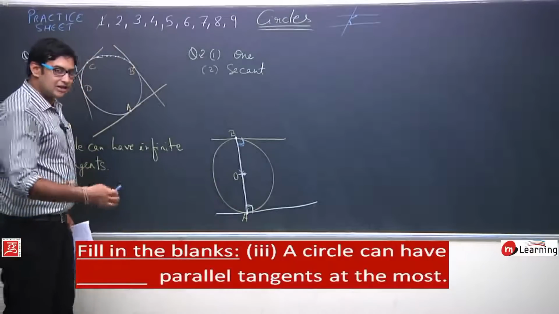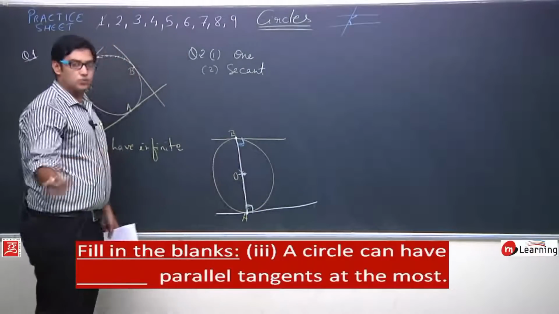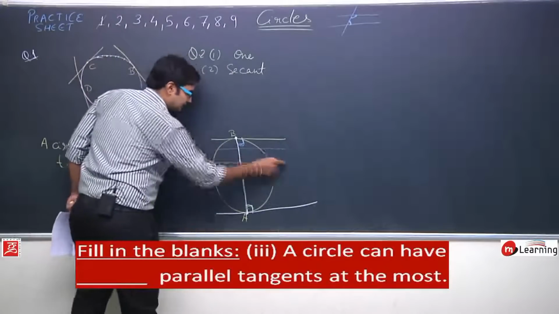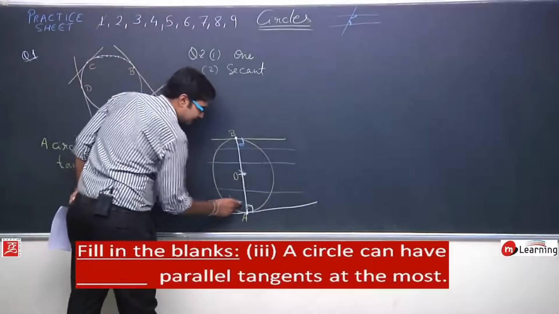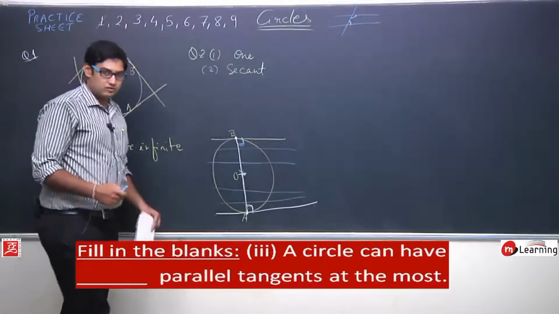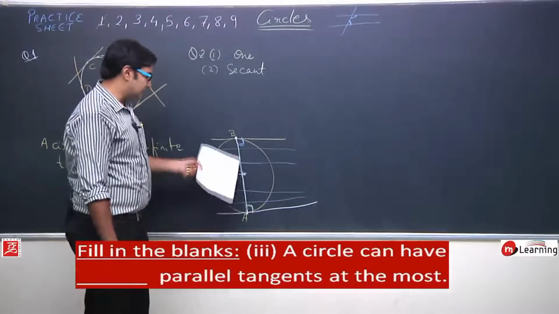Now, can I similarly draw another tangent that is parallel to these two tangents? No, I cannot. I can draw various secants like this, but only two tangents can be drawn which are parallel to each other, not multiple tangents. The reason is very simple.